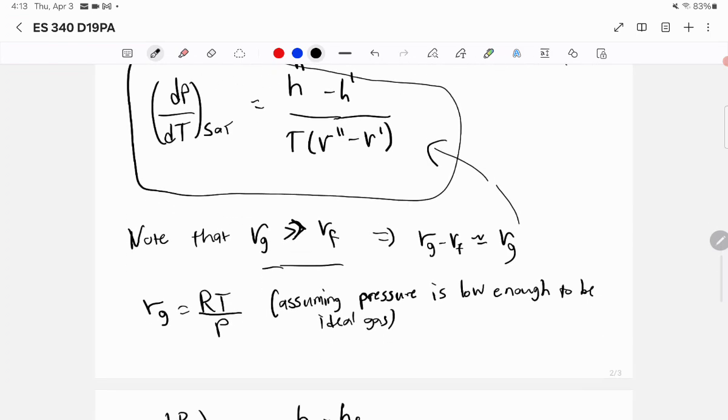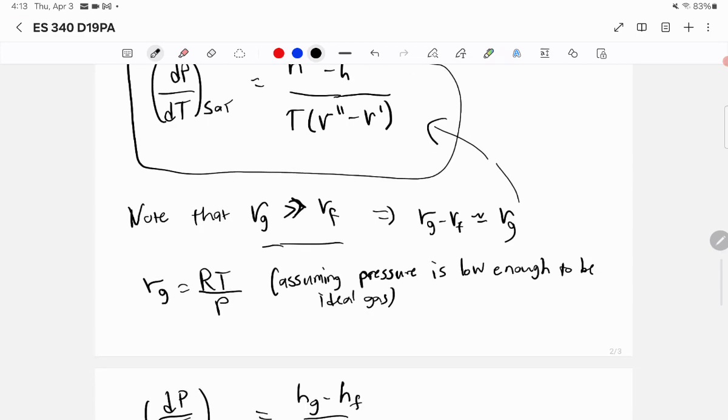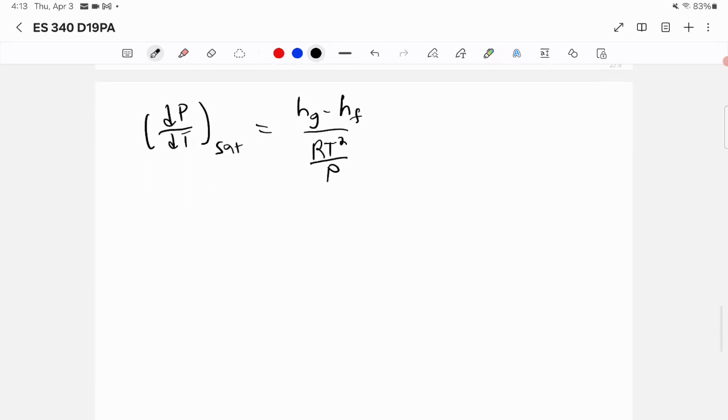And if you do that, then what you end up getting is RT squared, obviously, over P.